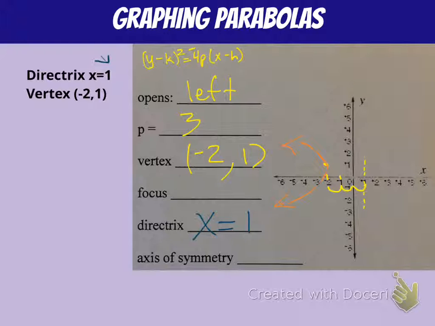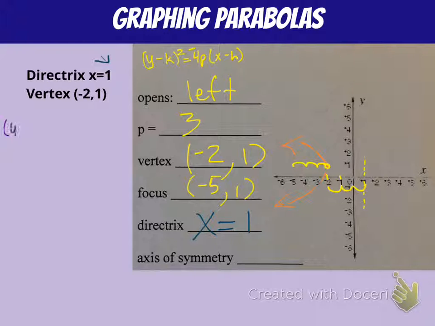Which leaves our little tidbit of information: where on earth is the focus? We're going to count in that opposite direction from this vertex right here. 1, 2, 3, which is going to put it at -5, 1. So, bringing it all together now to write our equation looks a little something like this.